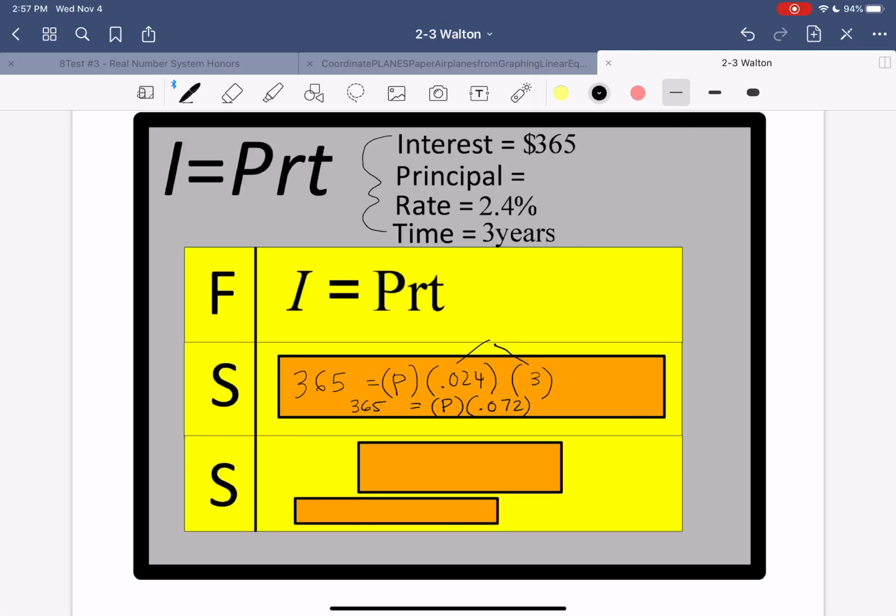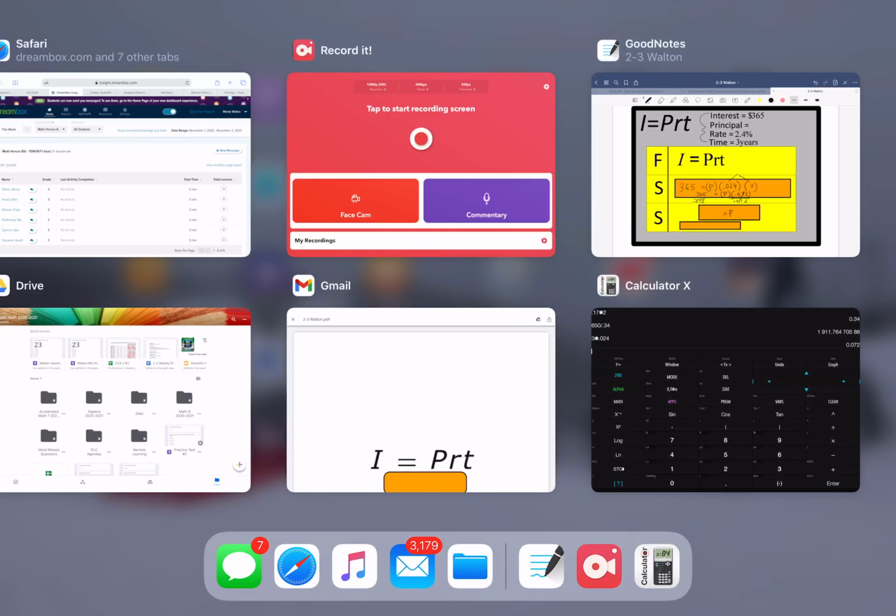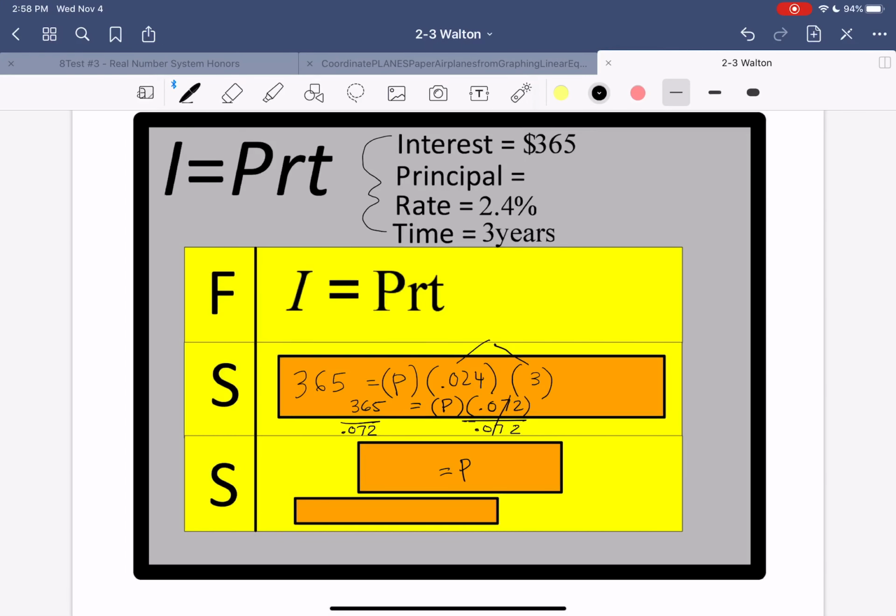So then from there, in order to solve, we have to solve for P. What do we have to do? So we're going to have to take this 0.072 and divide both sides by 0.072. So once we simplify, we're going to get P equals $365 divided by 0.072.